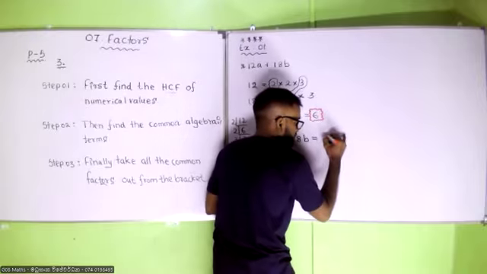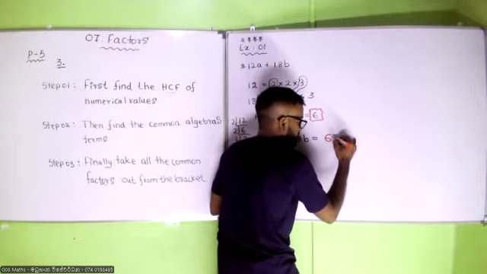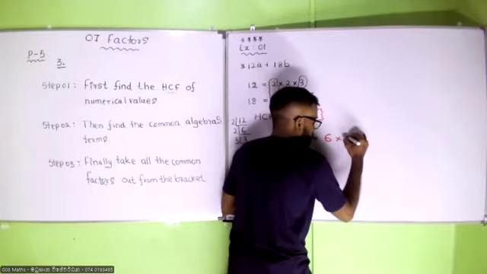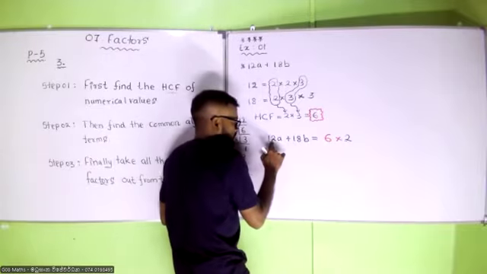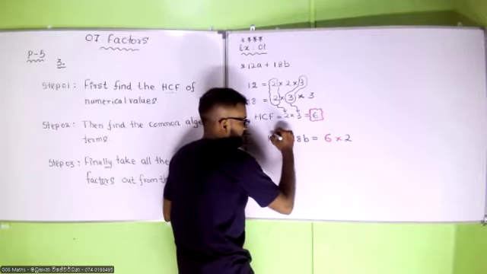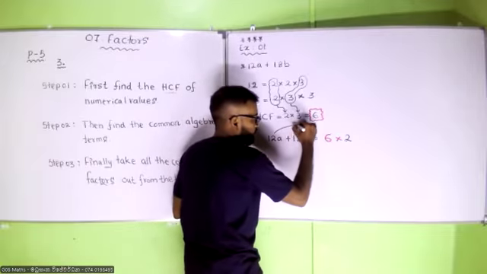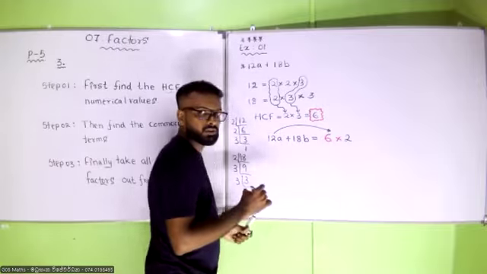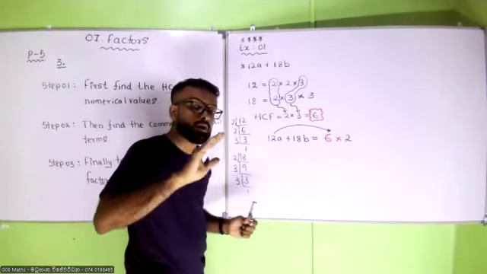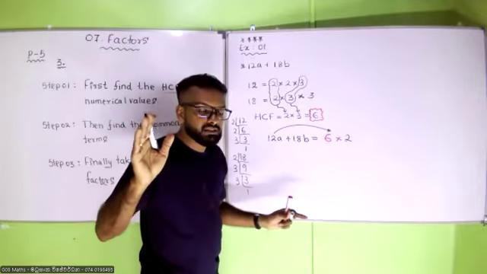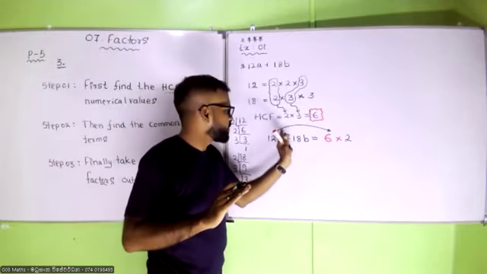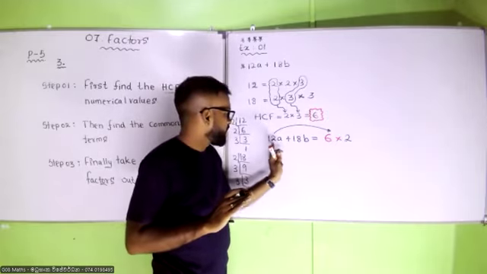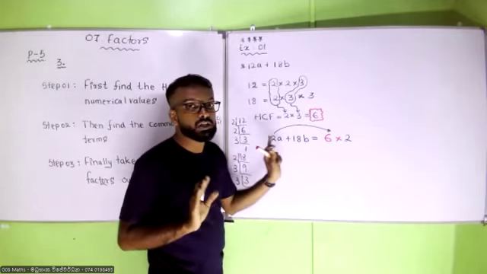This is our highest common factor. I am showing you the way by using these arrows. When you are practicing this, actually there is no need to do this, because you can understand that I have represented 12 as 6 into 2.